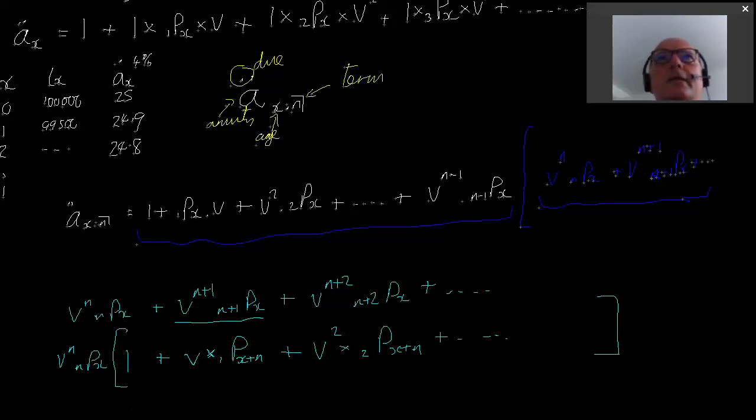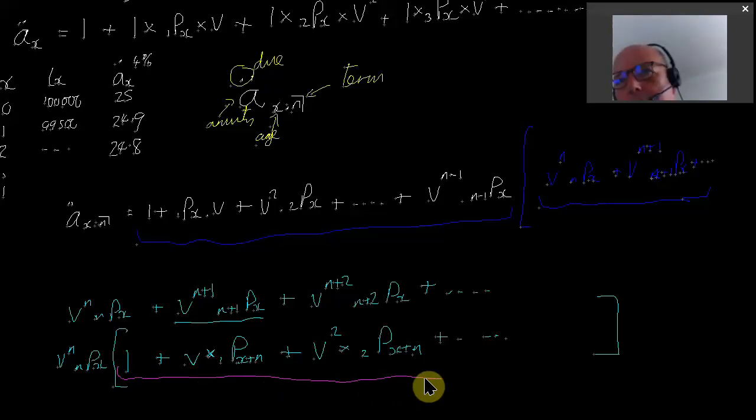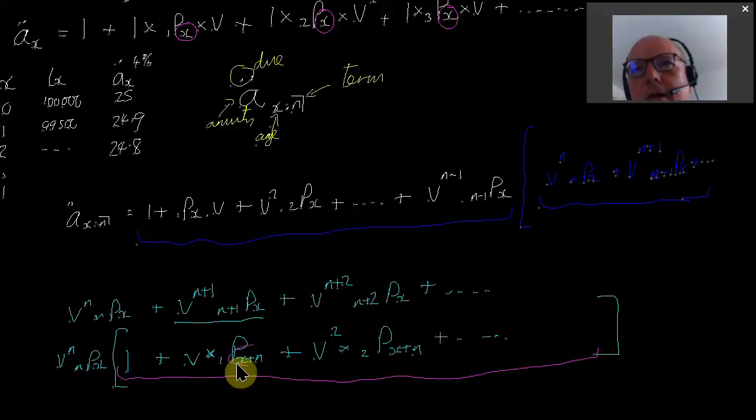And then what is this expression? 1 plus v times 1px plus n plus v squared times 2px plus n. Well, if you notice, that is the same as this expression, only instead of having an x up there, here we have an x plus n.